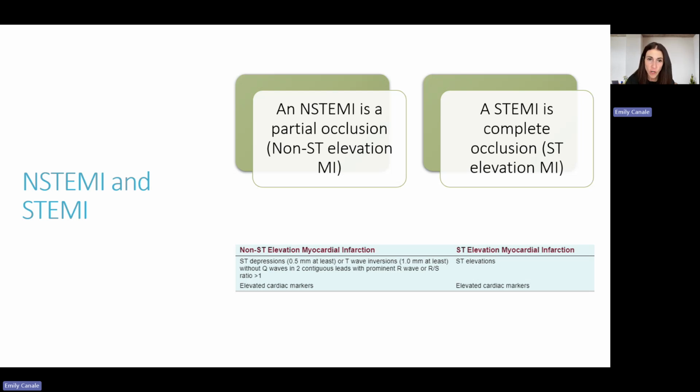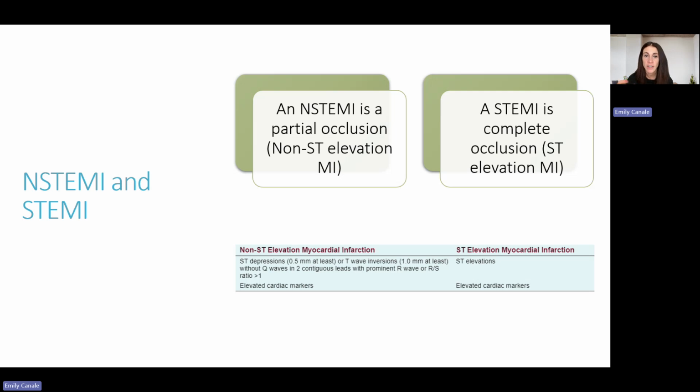There are two different terms: a non-ST elevation MI, which is an NSTEMI, or an ST elevation MI, which is a STEMI. An NSTEMI is partial occlusion of, again, it could be your major coronary artery right here, that will result in partial thickness heart muscle damage.